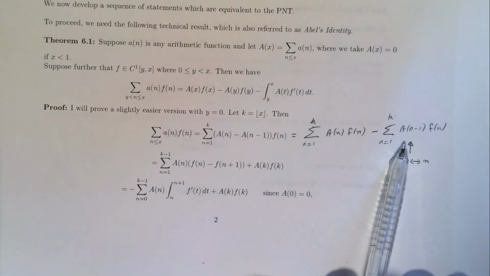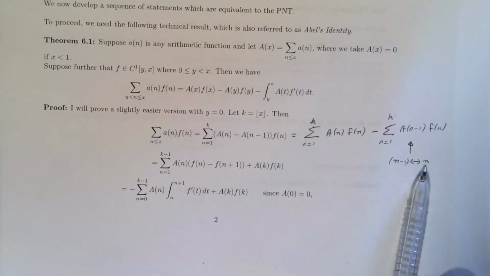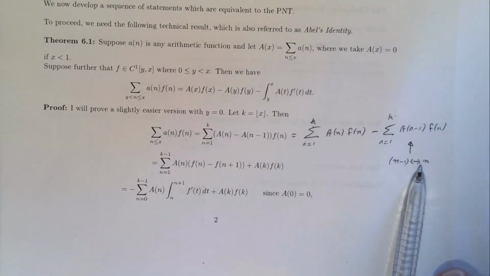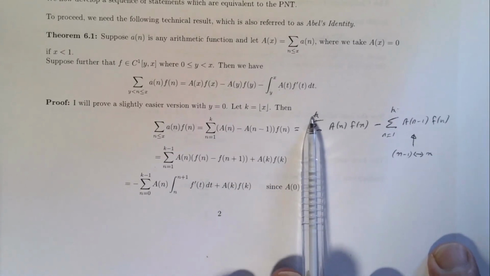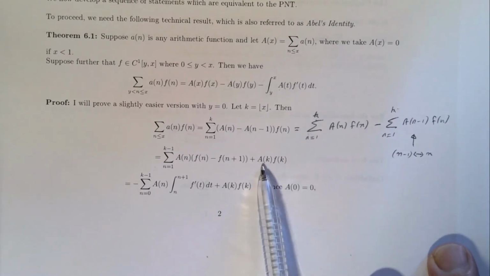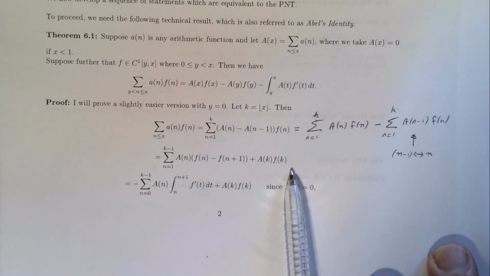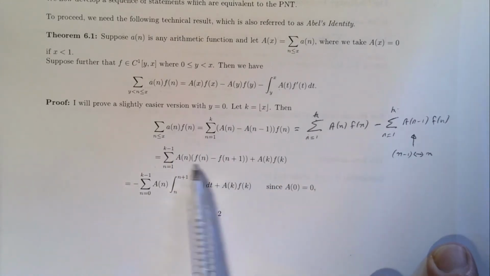And in the second bit we're going to change variable. I'm going to replace n minus 1 with n. Replacing n minus 1 with n gives me this sum. I take off the last term, so I get a_k f_k, and I get the sum then of this difference.